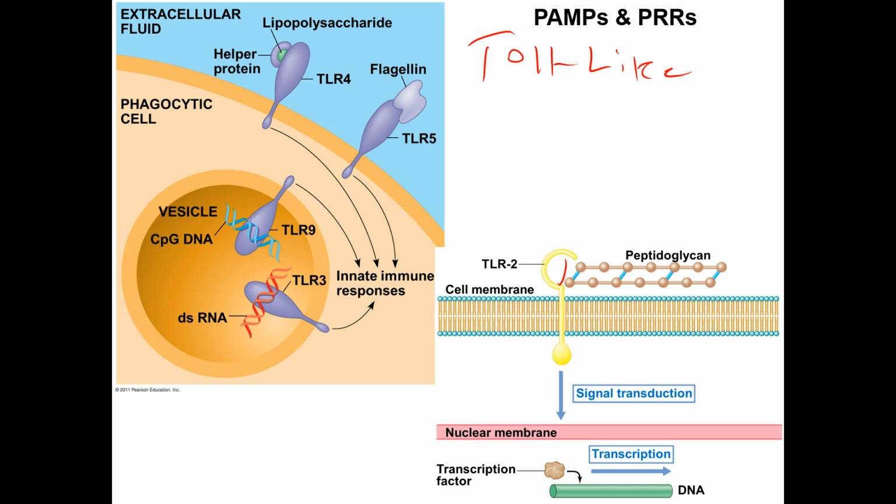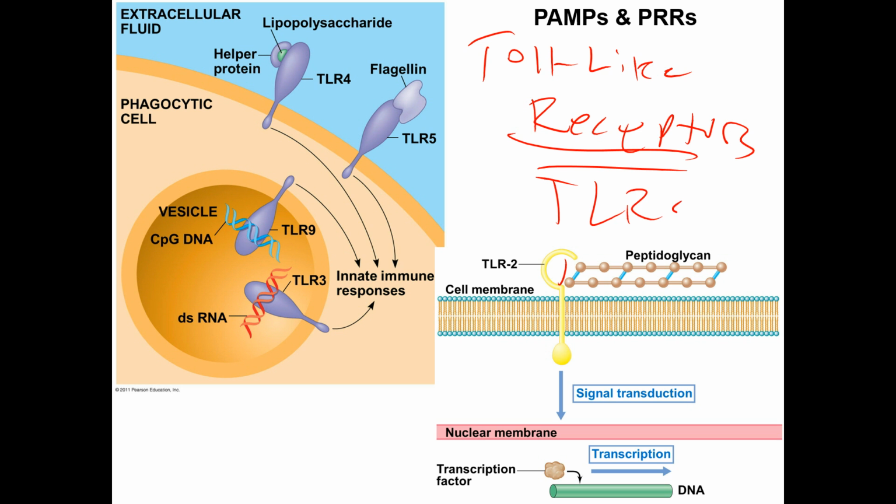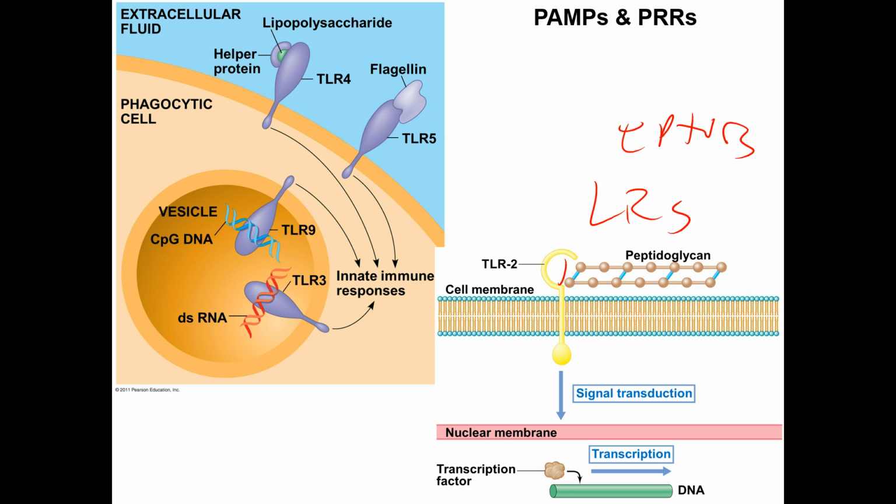Okay, so there are specific pathogen recognition receptors that we refer to as toll-like receptors, or TLRs. And these toll-like receptors are very specific. Even though your innate immune system is usually described as being a non-specific response, it's still specific, because it's interacting with and targeting specific molecular structures.